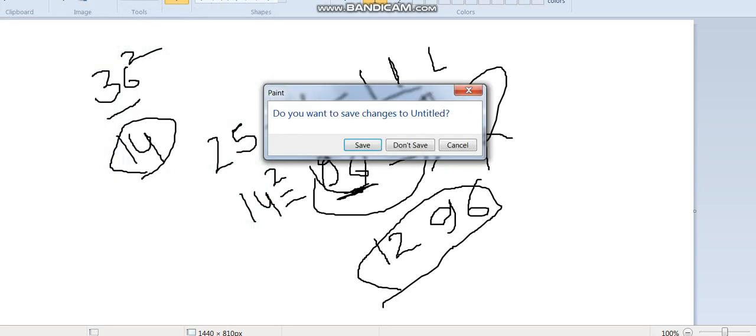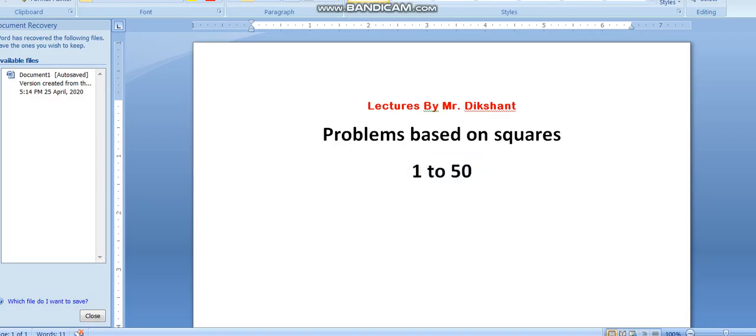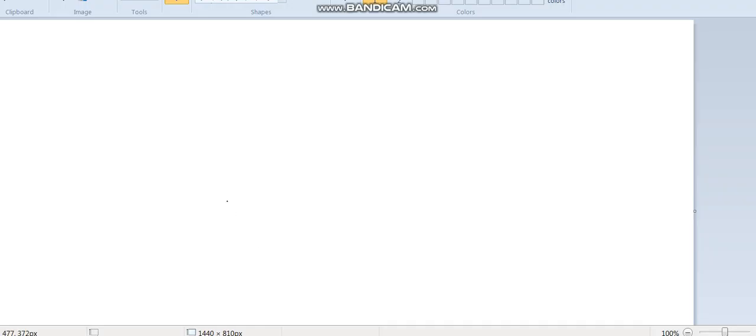Next, if any number ends with 5, like 45, 55, 65, how will you find the square of these numbers? I will tell you a very simple trick.